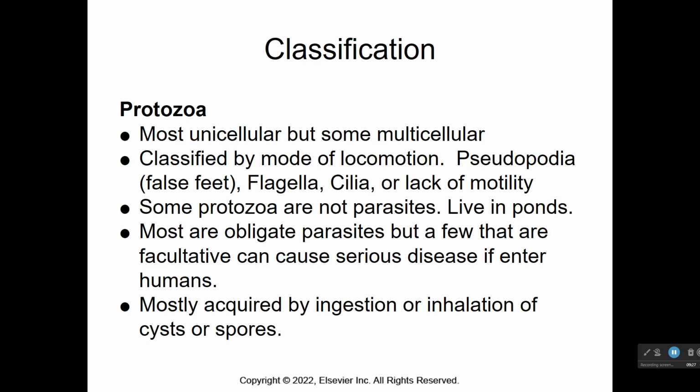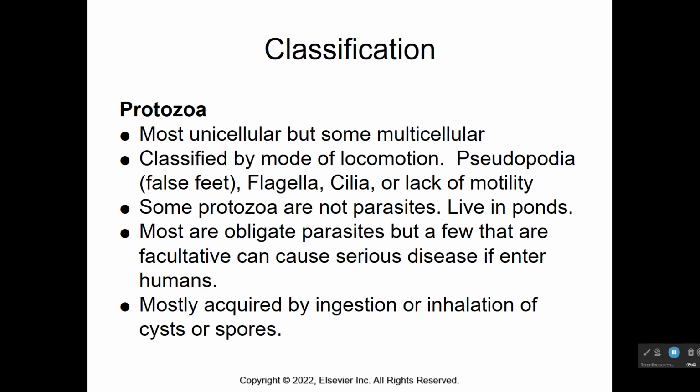So there are pseudopodia, false feet. Some have flagella, some have cilia. We're not going to study the protozoa that do not infect us as humans. There is a group of protozoa that are not considered parasites. They're what we call pond protozoa.